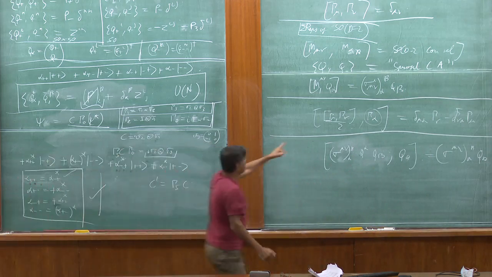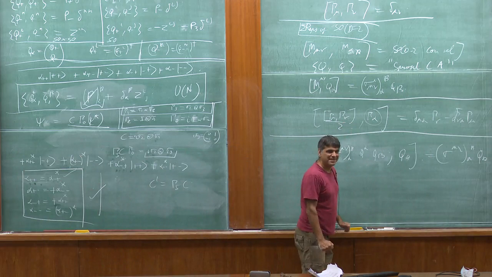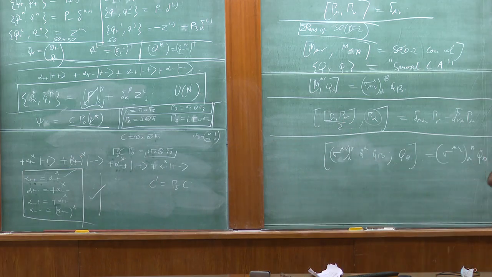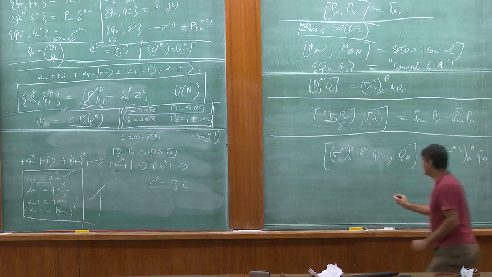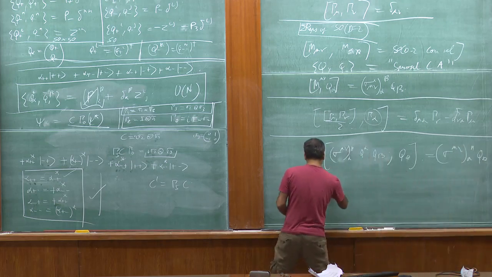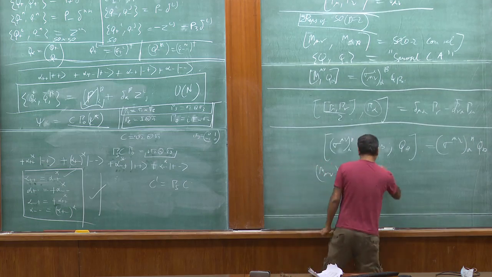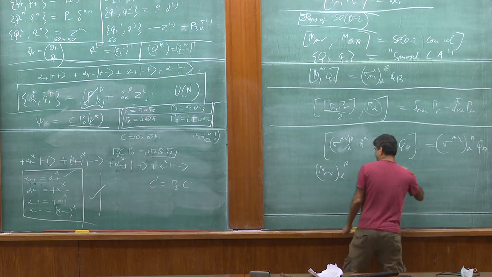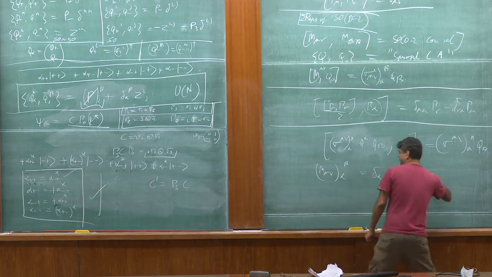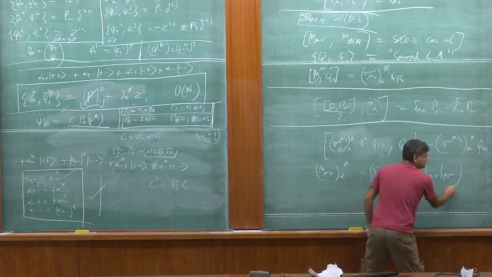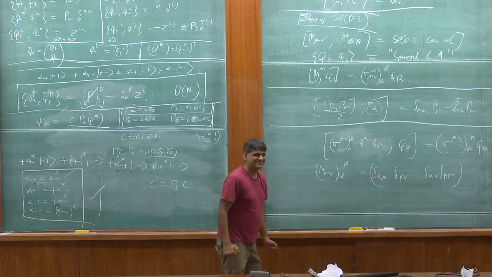This is actually exactly what we did here. You see, the generator of SO(D-2) in the vectorial representation was just the antisymmetric matrix, M mu nu alpha beta equal to delta alpha mu delta beta nu minus delta alpha nu delta beta mu.